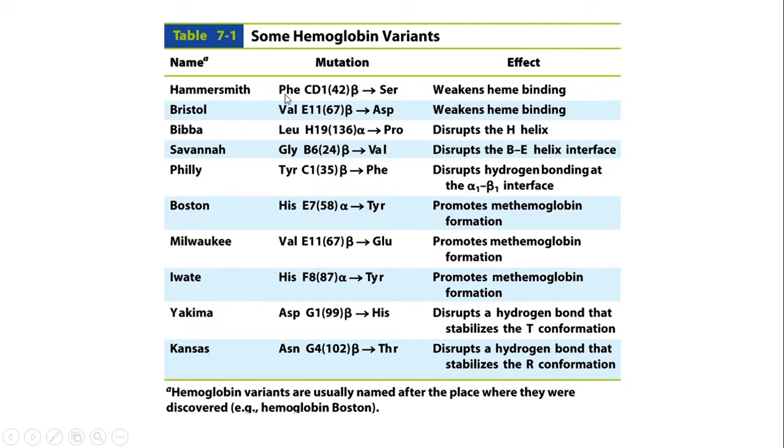So here we have phenylalanine mutated to a serine, valine to aspartic acid, leucine to proline. Very different. So these are not conservative substitutions. They're very different changes in amino acids, and obviously alter the function of these hemoglobin molecules.